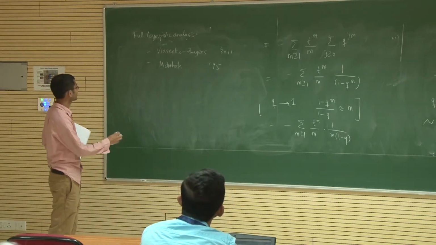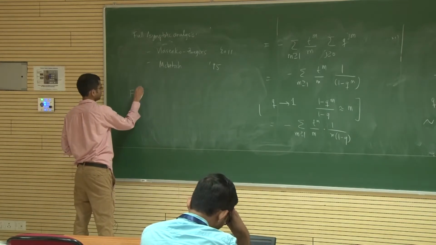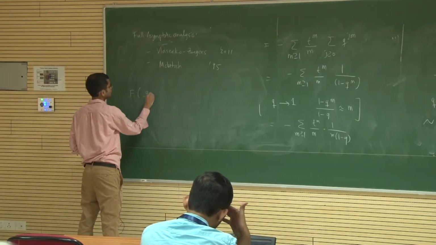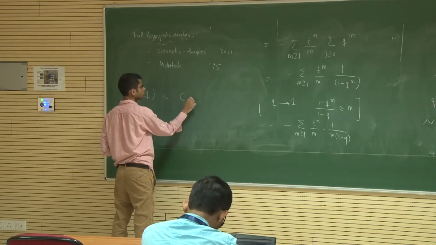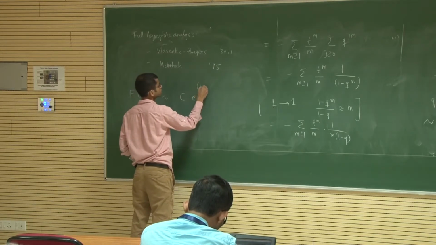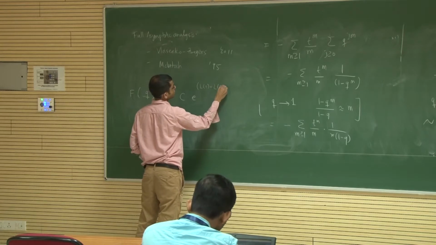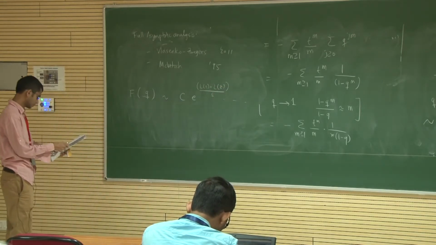Yeah, okay, and you will see that you actually get this Rogers-Ramanujan sum, the first one, as some constant times e to the, the epsilon term is this divided by epsilon, and then there is a little more, but I will skip that. Okay.